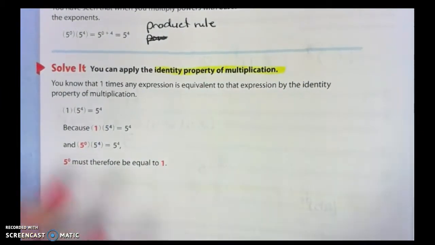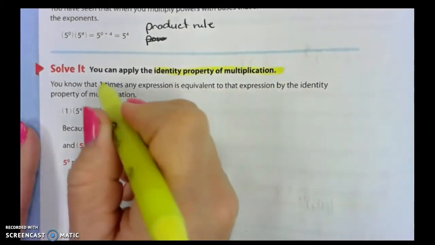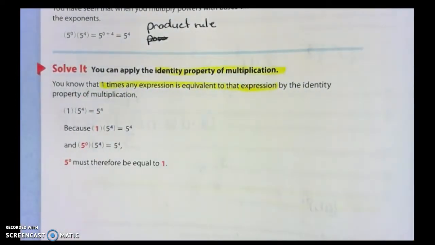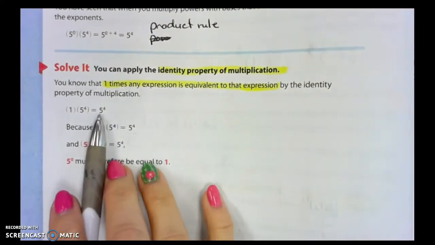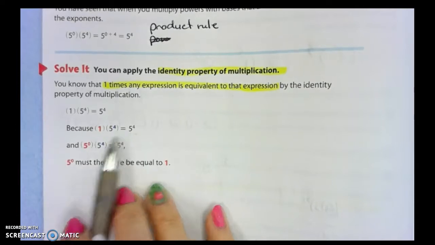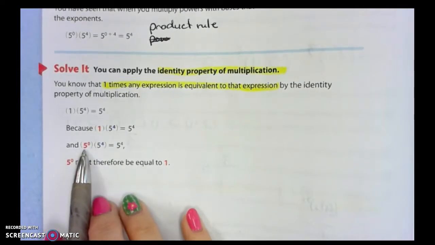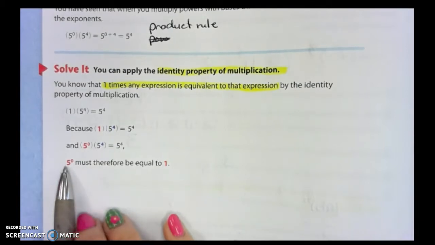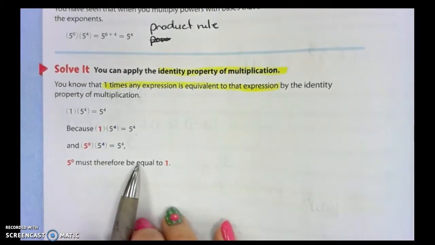You know that 1 times any expression is equivalent to that expression by the identity property of multiplication. 1 times 5 to the 4th is equal to 5 to the 4th. And 5 to the 0 times 5 to the 4th is equal to 5 to the 4th. 5 to the 0 must therefore be equal to 1.